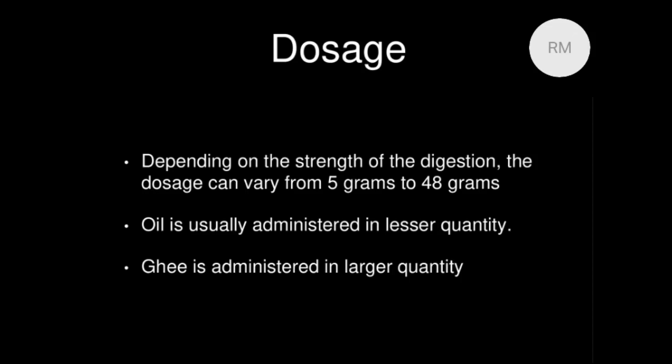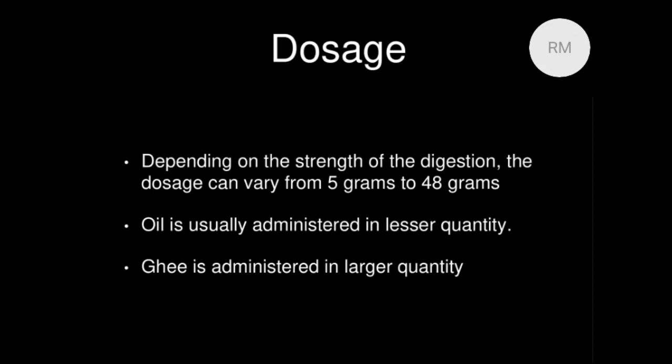On an average, we will not need to go beyond 15 grams of ghee per day. The 48 grams of ghee per day and all that are in very specific conditions, very specific diagnostic situations of diseases, but otherwise 5 to 10 grams, 10 to 15 grams is the best dosage with which we should administer.